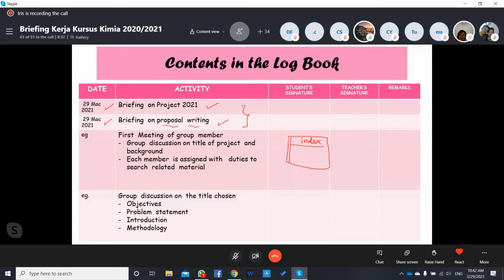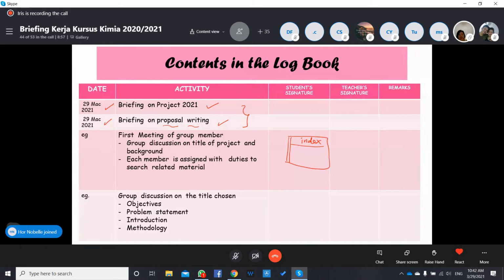Other than that, after this briefing, liaise with your subject teacher whether you want me to start during this holiday or postpone until after semester 2. It all depends on your subject teacher.